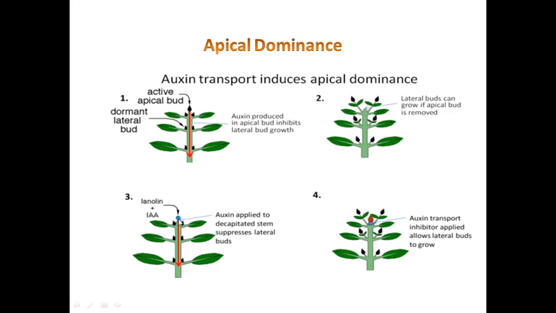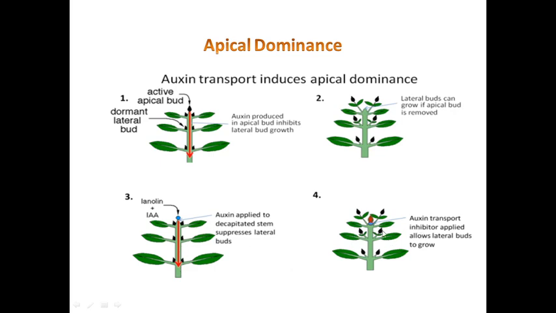And when lanolin and IAA, indole acetic acid, which is an auxin, was given externally to the plant, what happened? It suppressed the growth of the lateral buds. The apical bud was not placed, but the auxins were given externally. The growth of the lateral buds was suppressed.